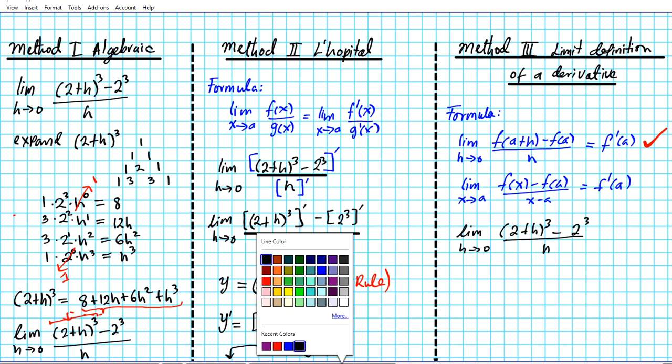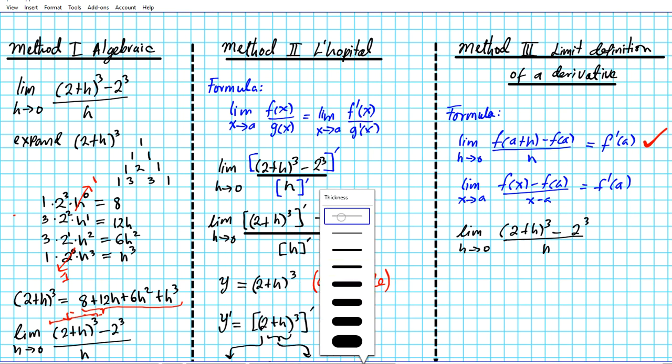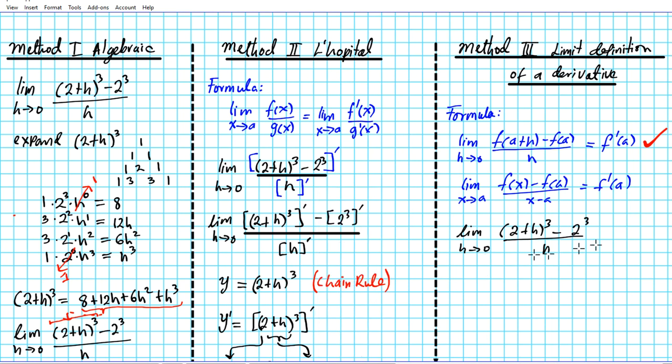Okay? So let's go ahead and write in a quick remark, which is that this problem that we have is of the form limit as h approaches 0 of f of (a plus h) minus f of a, divided by h.